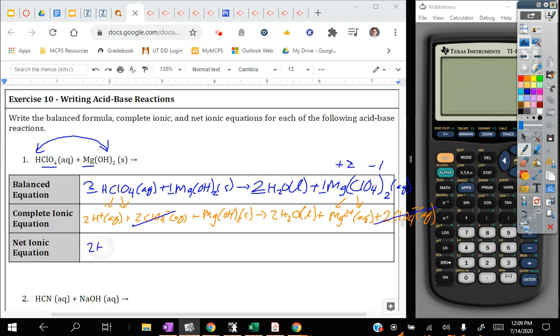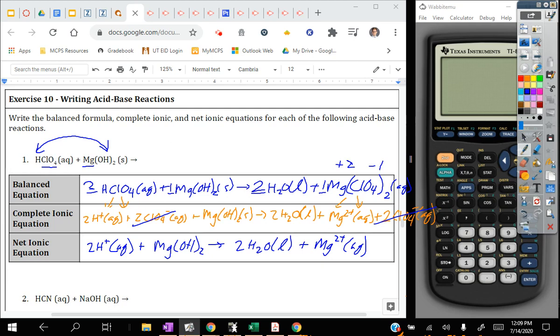So when I bring things down here, 2H+ and magnesium hydroxide, solid, react to form 2H2O, which is a liquid, and then Mg2+ ions. So that one was actually a little bit tougher than I had originally intended, but the process is the same.